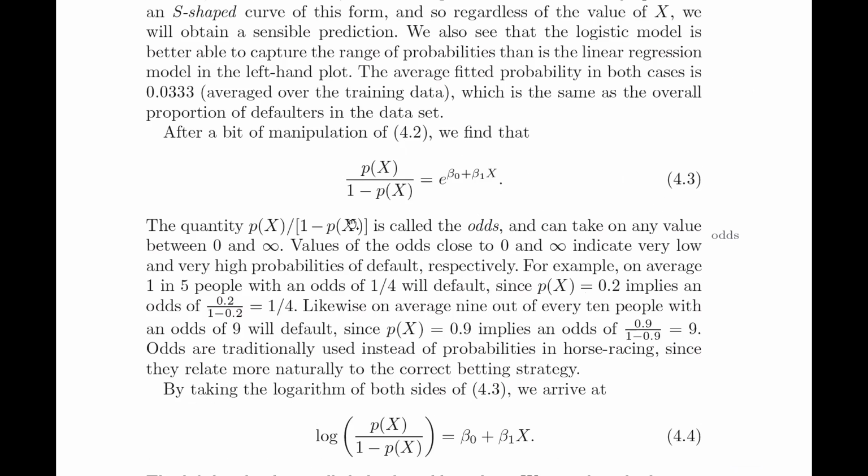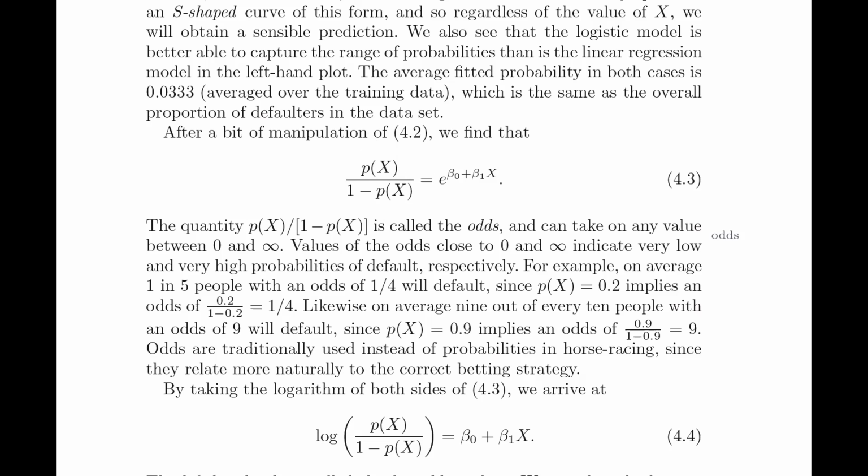Now, the quantity p of x divided by 1 minus p of x is called the odds. So this is the probability of x happening, this is the probability of x not happening. Think of odds like on horses or political candidates.